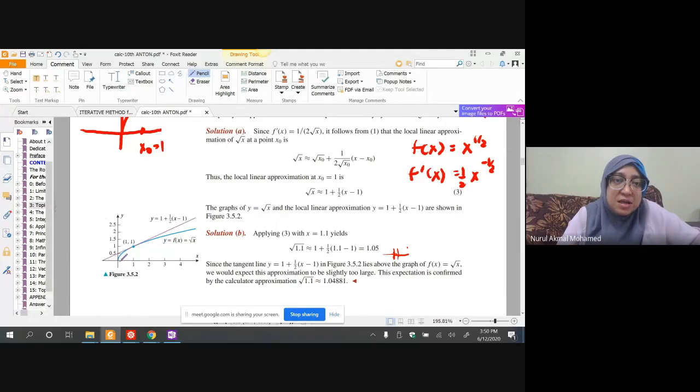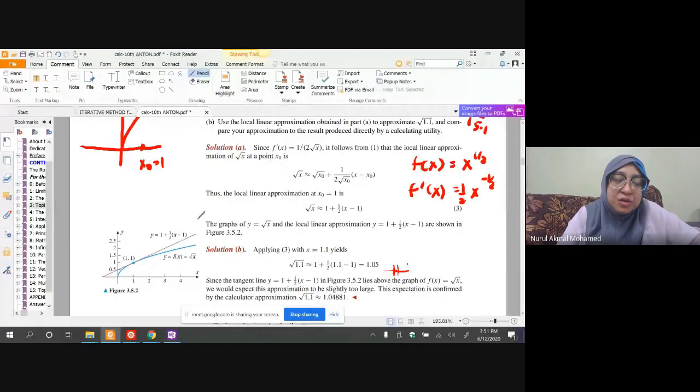So this is the graph for square root of x. At x equal to 1, we have the straight line, which is y equal to 1 plus 1/2 multiplied by x minus 1.